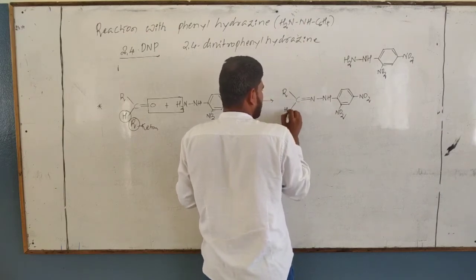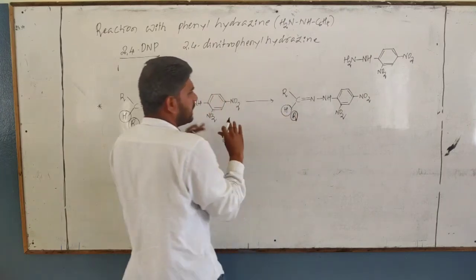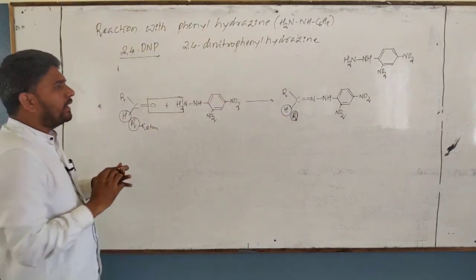RH. If it is H, aldehyde. If it is R, ketone. Any carbonyl compound you can take. Okay.